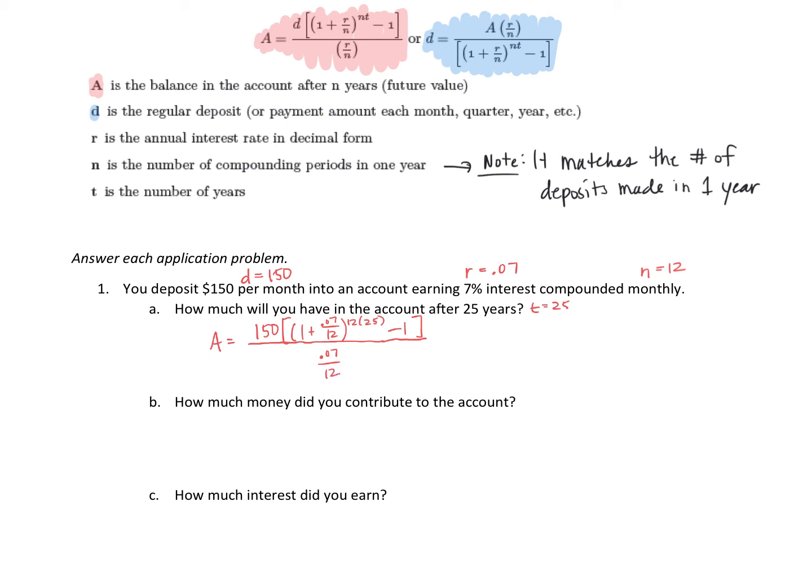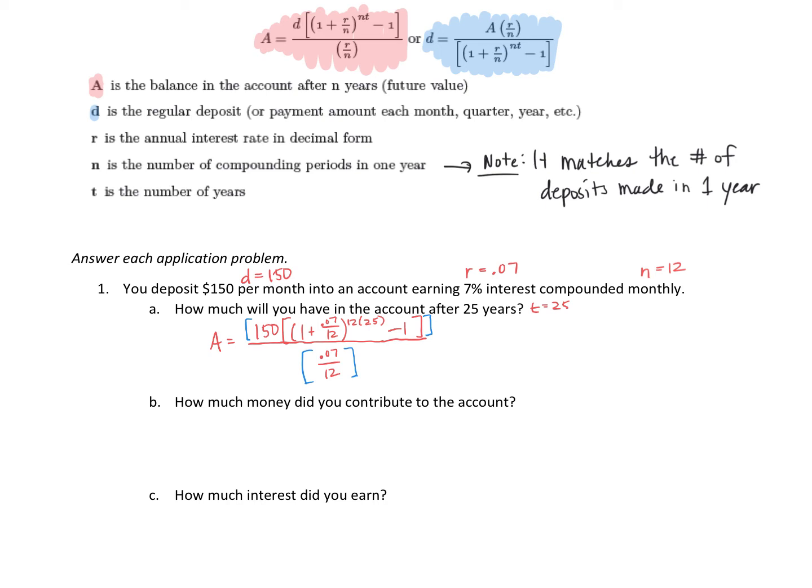When you're using a calculator, if you have a calculator where you can just put all of this in at once, make sure you add parentheses around your entire numerator. I'm putting those in blue. And make sure you put parentheses around your entire denominator. Sometimes if you don't include those parentheses, your calculator won't give you what you really are looking for.